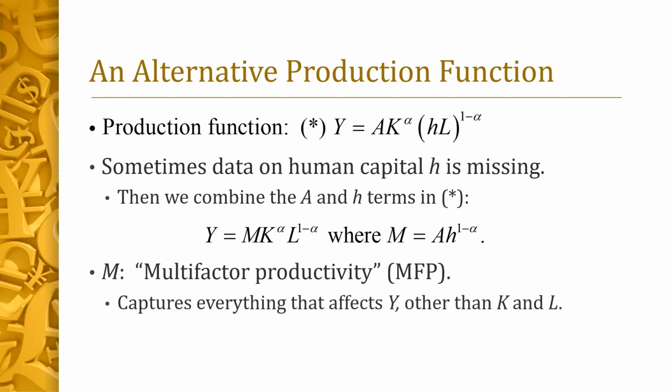MFP captures everything that affects output Y other than physical capital K and labor hours L. In particular, everything that affects TFP-A also affects MFP-M. But, as the notation suggests, MFP-M also includes the effects of human capital H on output Y.